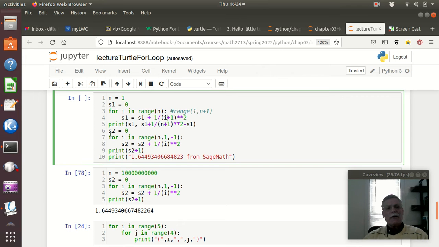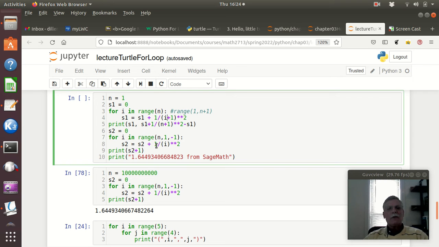And so I also made a sum too, so I started this one at 0. But now what I want to do is start at my biggest number, n, and go down to 1 and subtract 1, and do it that way. So this first one will be n, so I'll get 1 over n squared.